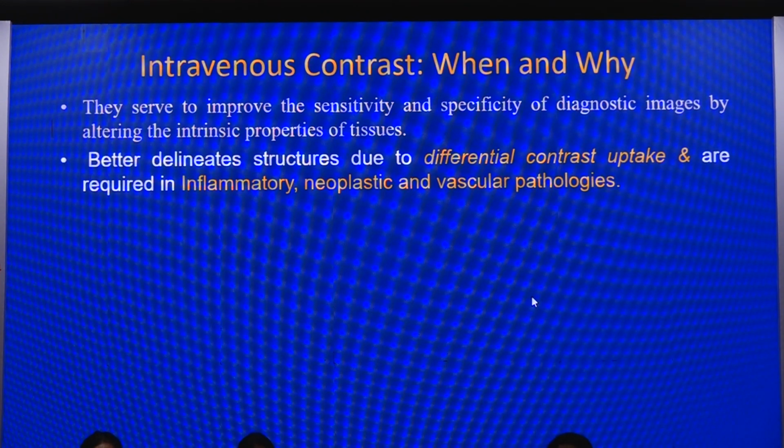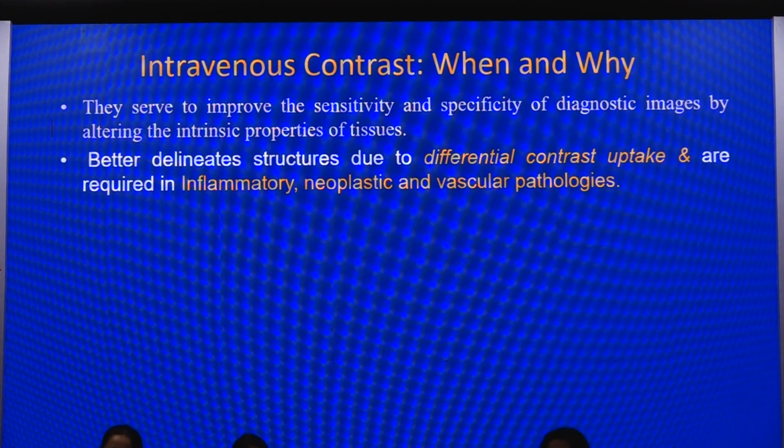So intravenous contrast, why to give, which one to give, this all depends upon the radiologist, but you should know as an ophthalmologist when you are ordering, because they serve to improve the sensitivity and the specificity of the diagnostic images by altering the intrinsic properties of the tissue. What we are using in CT scan and MRI is the intrinsic property of the tissue.